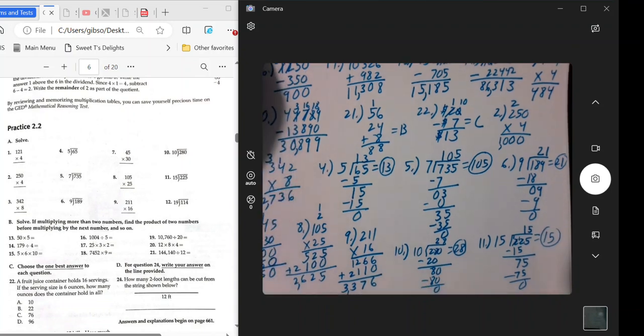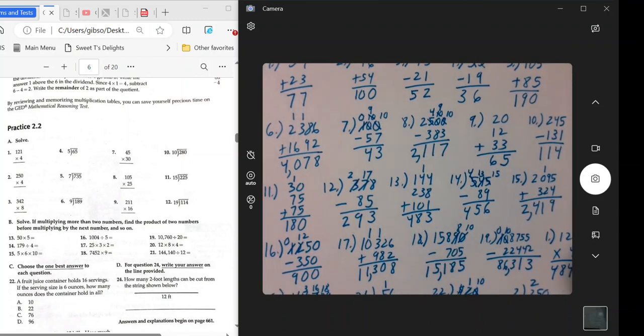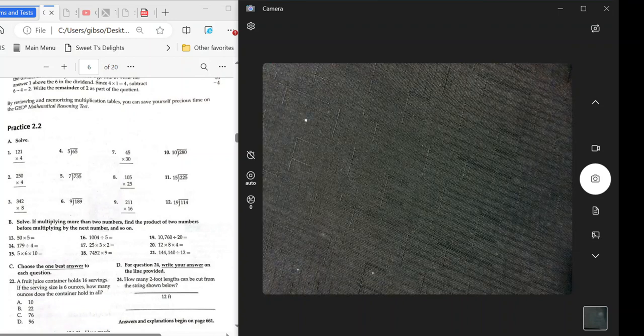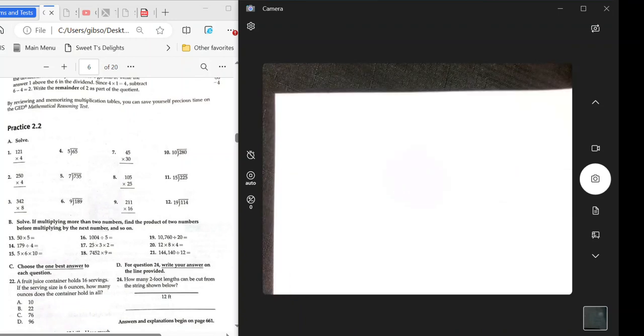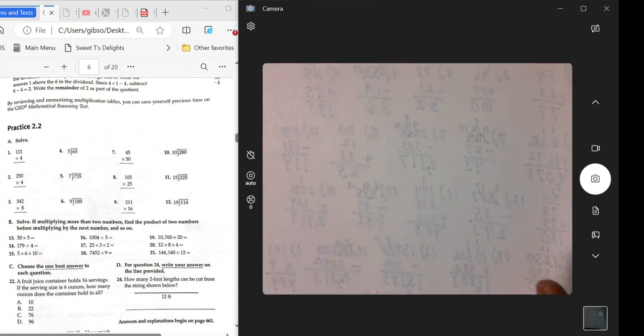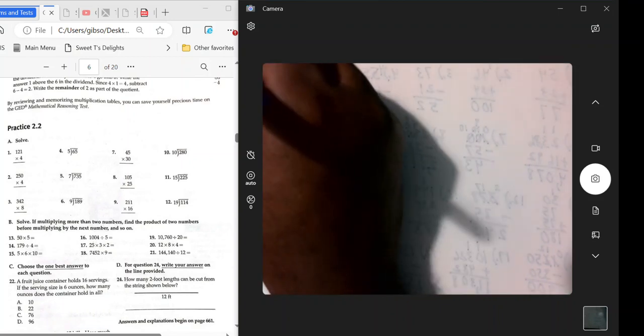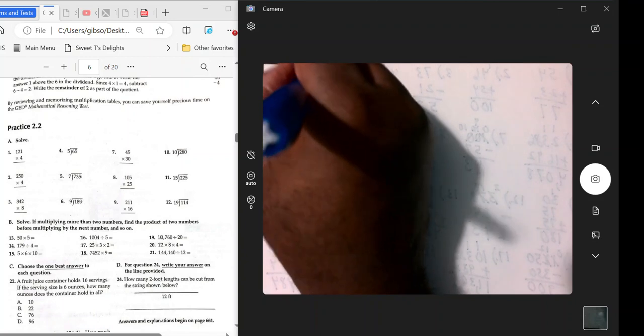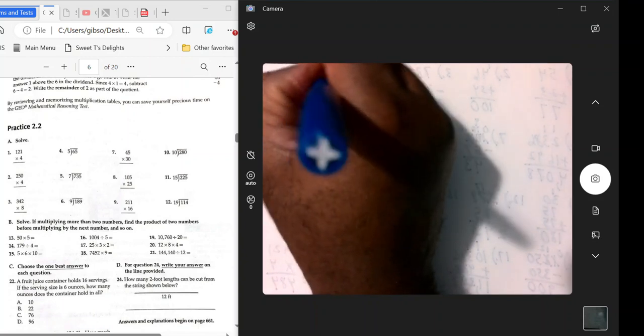Okay, now we move on to problem 12. So we have problem 12, which is 19 into 114.